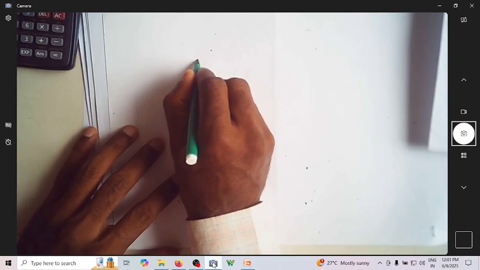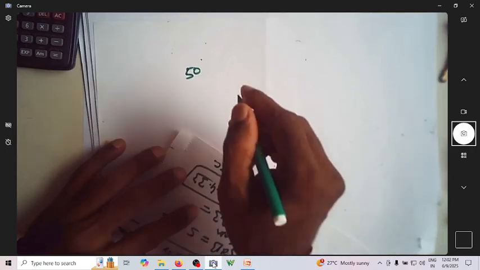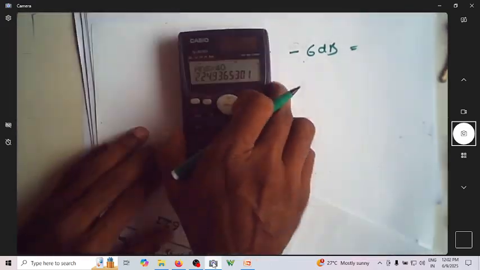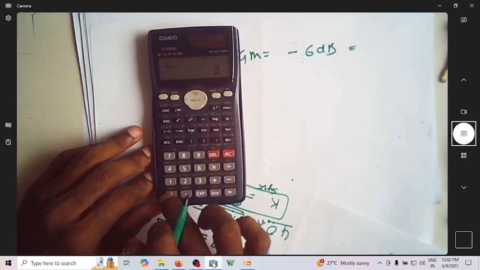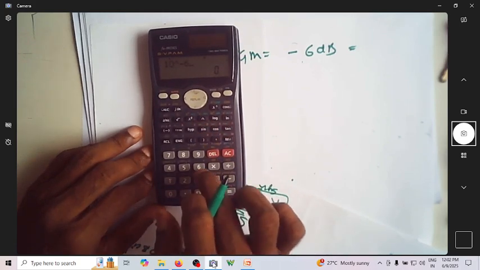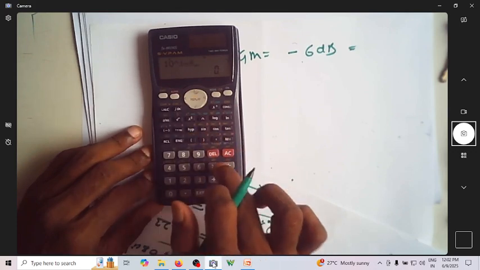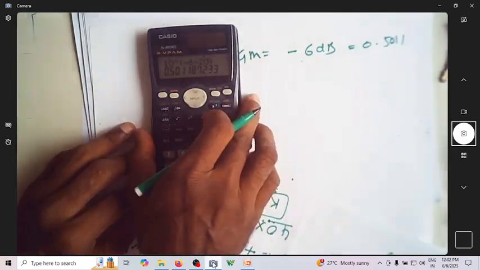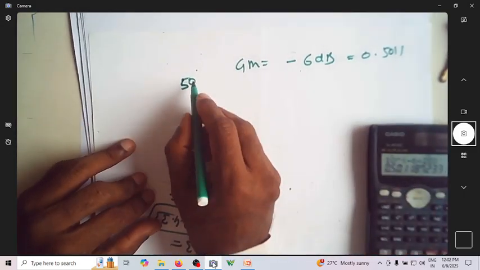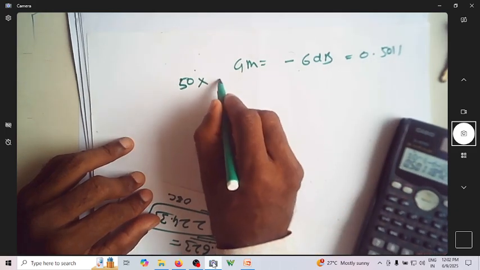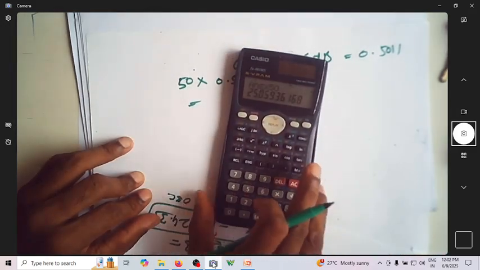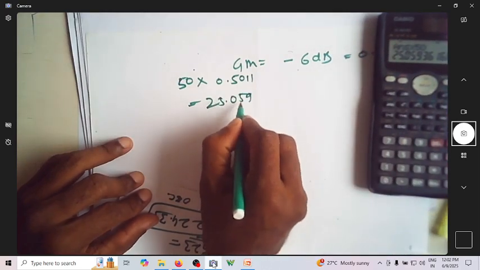Same thing is true for another system where the existing gain is around 50 and the gain margin is minus 6 dB. Minus 6 dB is 10 to the power of minus 6 by 20, which is 0.501. Multiplying the system gain of 50 by 0.501 gives 25.059.